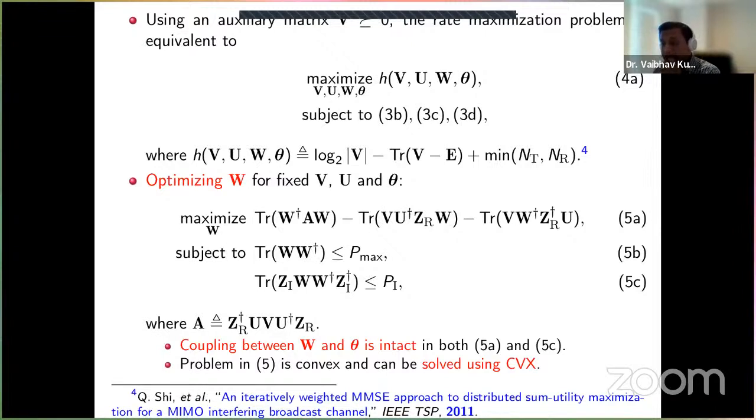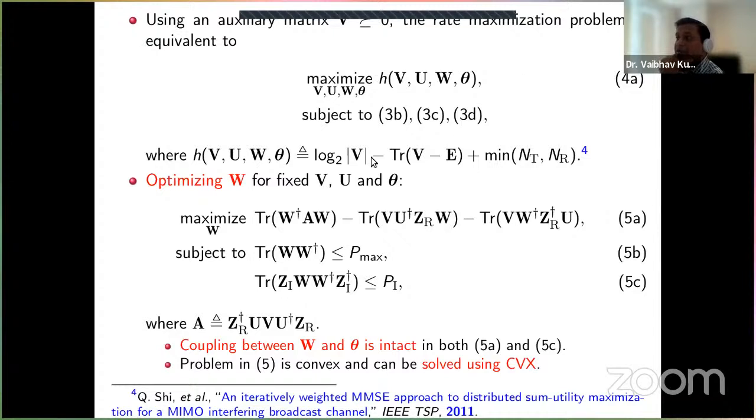This was published in 2011, you see at the footnote. It says an iteratively weighted MMSE approach to distributed sum utility maximization for MIMO interfering broadcast channels. Although for point-to-point MIMO this had been done earlier, when you have an interference constraint, this was done in 2011 in this DSP paper.